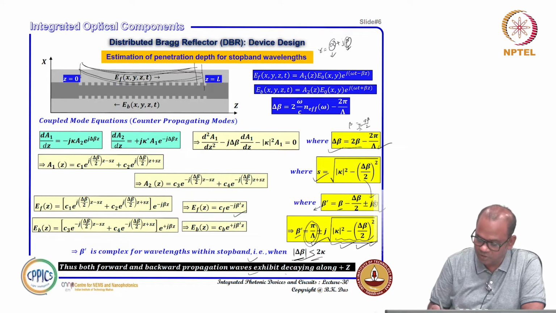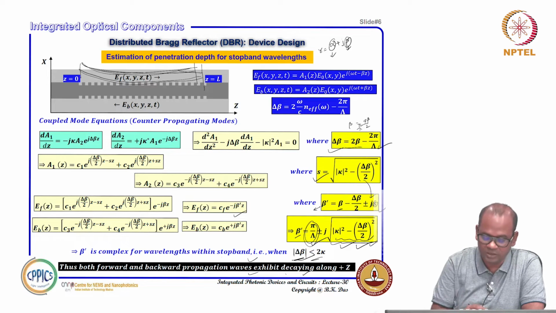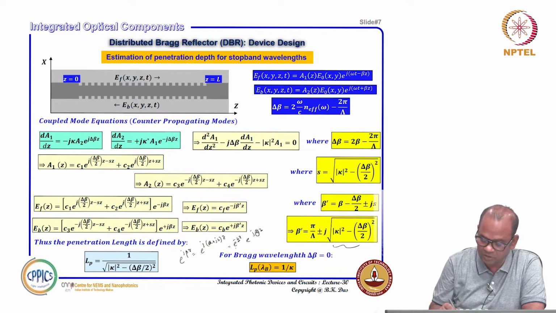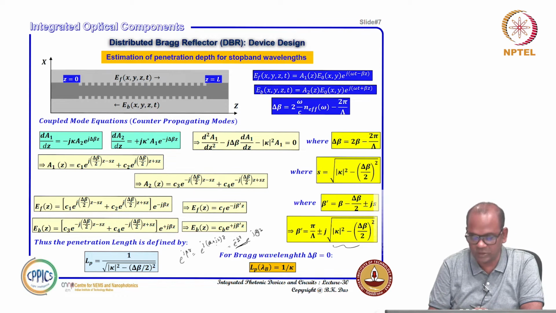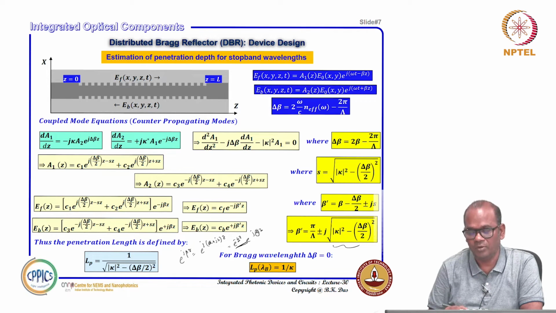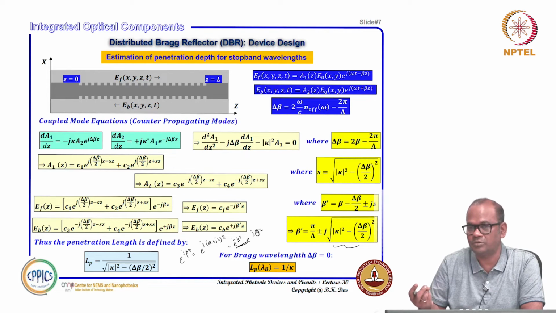So that is what it is mentioned, the decaying part. If it is decaying exponentially, we can consider that after a certain length, the field amplitude will be significantly reduced.